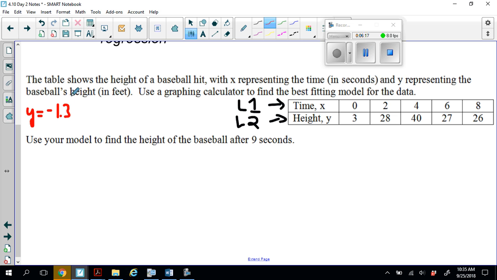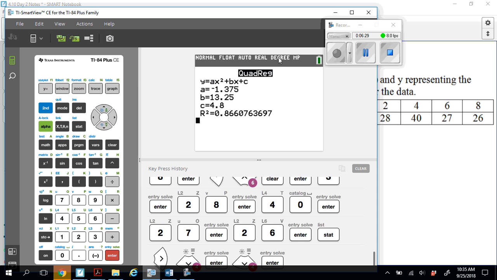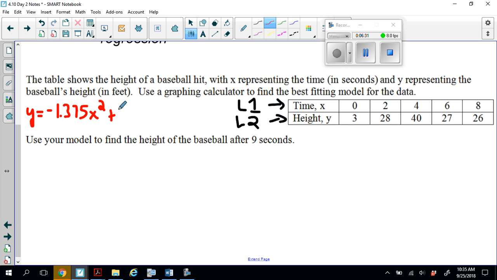There we go, so 375. And make sure you have the x squared because we are writing a quadratic. Then plus our b value, if we go back to the graphing calculator, was 13.25. So we have plus 13.25, and we need an x there. And then plus our 4.8. That was our c value.